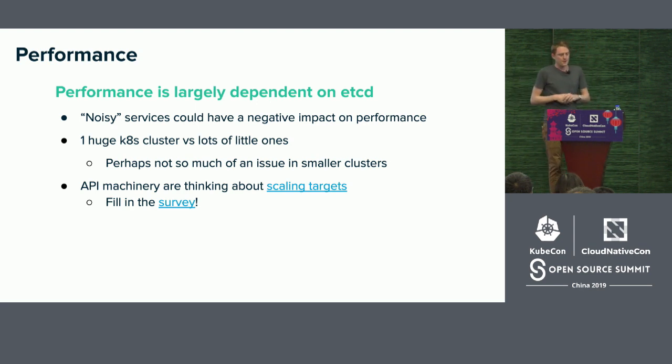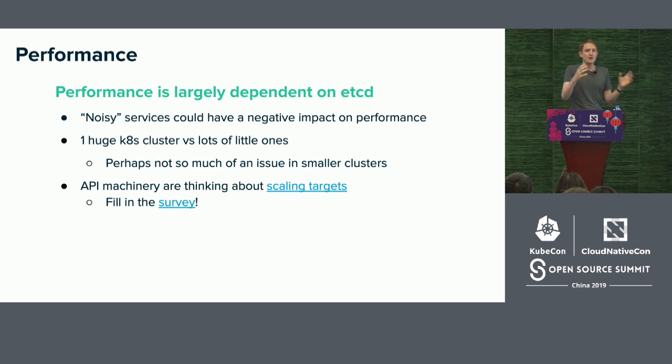But we do also have this idea that there's a big conversation going on in the community at the moment as to whether or not you should just be running one huge Kubernetes cluster, or if perhaps it's better to run lots of little ones. And if you're of the mind that lots of little ones is the way to go, then perhaps these sorts of considerations are actually not so bad.